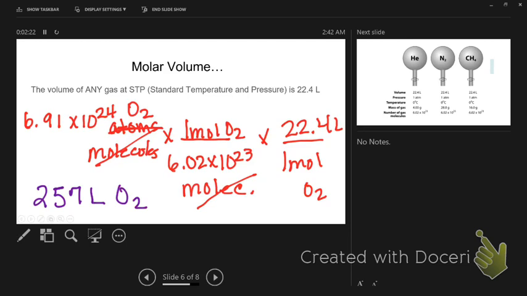Excuse me. Let me double check my math there real quick. Okay, 257, that is correct. All right, and then we'll just put a box around that and we'll call that done. All righty.